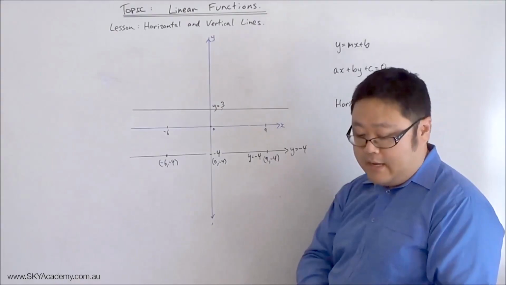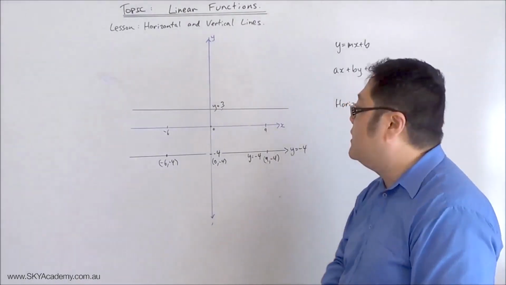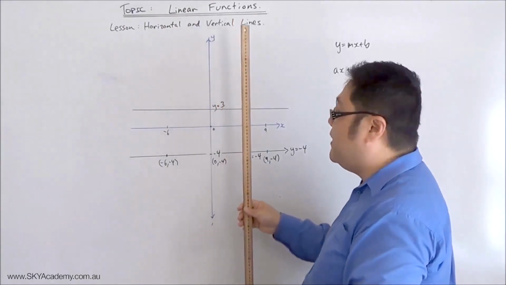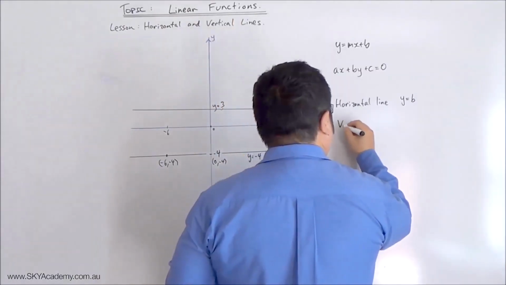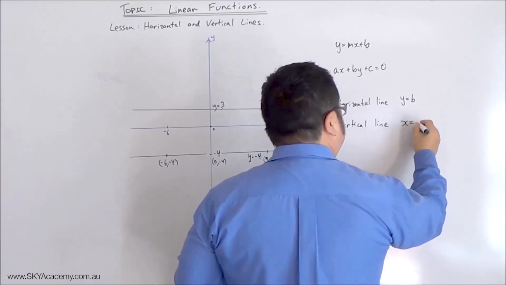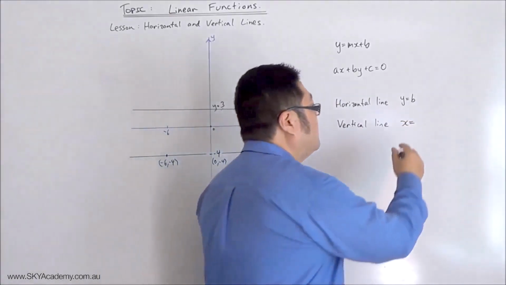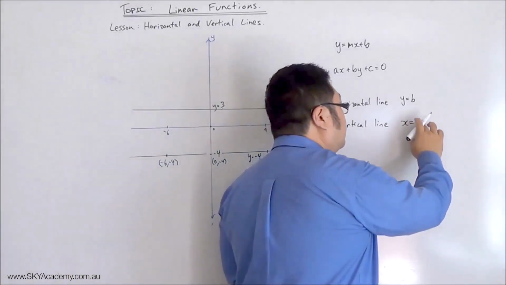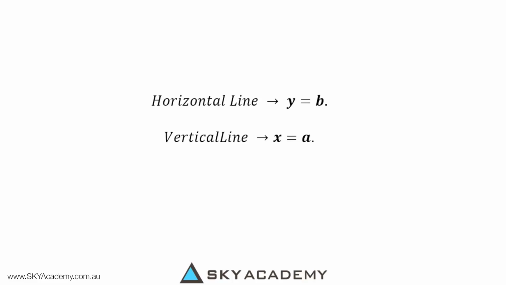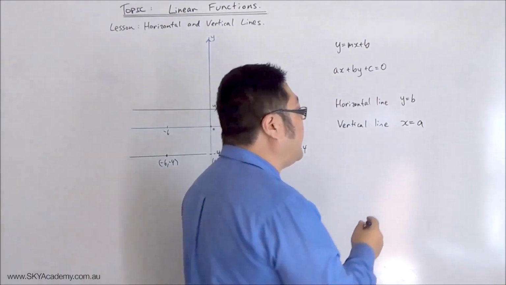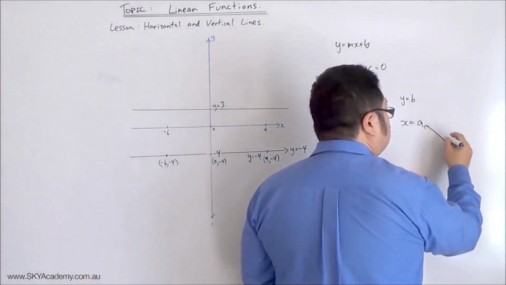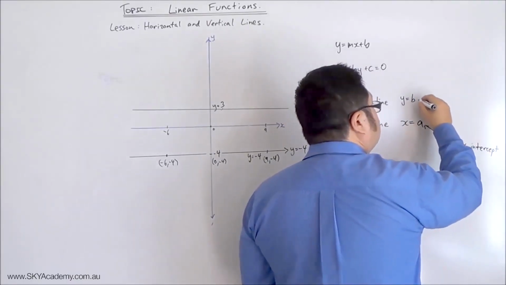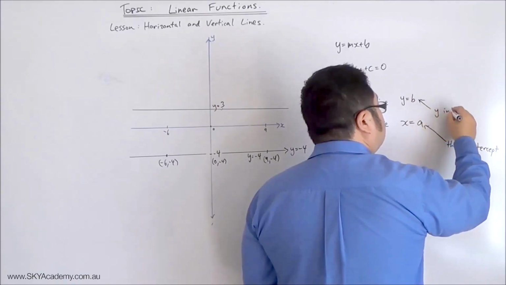Now, for vertical lines, it'll be exactly the same, except instead of for y, it'll be for x. So for vertical lines, the equation would be x is equal to a. Let's call it a, for example, to make it easier. Really, a is the x-intercept, and b is the y-intercept.